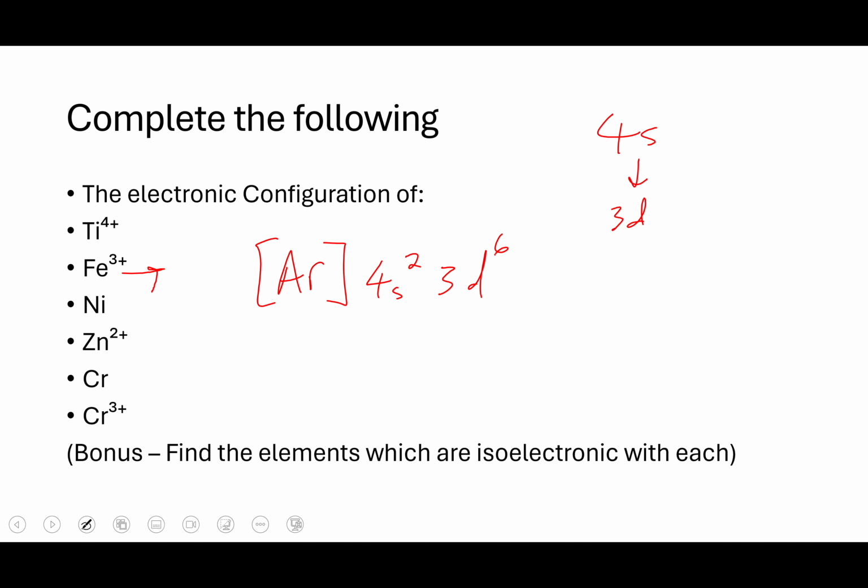All right, so here now we have this configuration. Now, if we're going to give iron 3 plus, what would we do? What's going to happen for iron 3 plus?